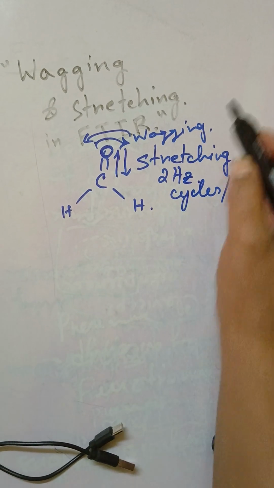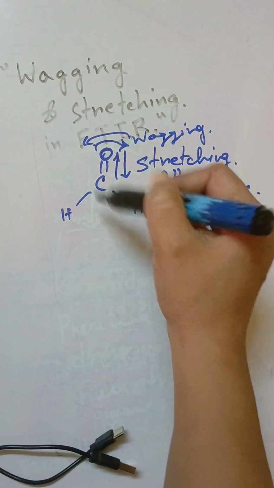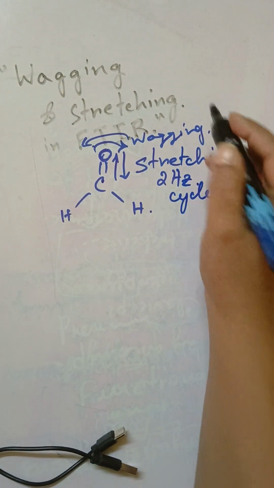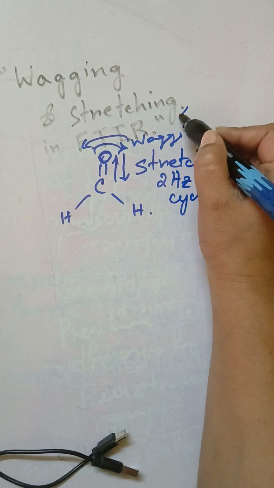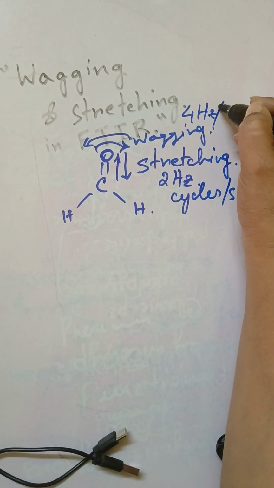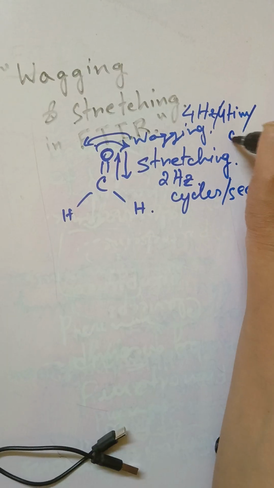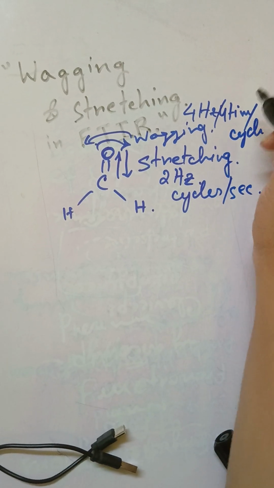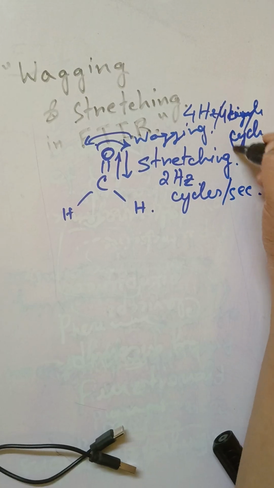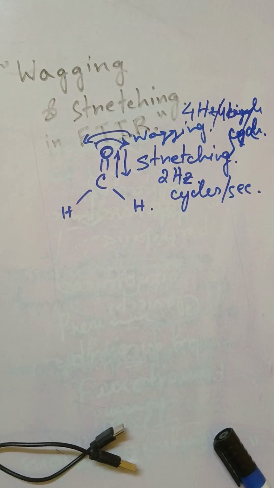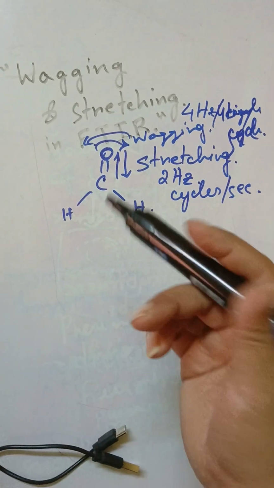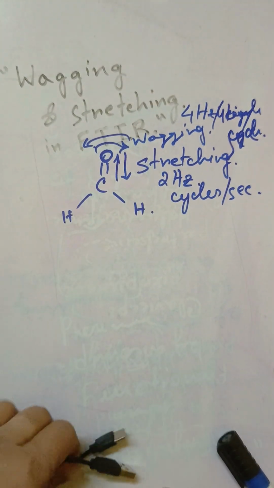Now wagging, in case of this carbonyl group, is always a very constant value. The frequency of wagging is 4 hertz. So it means 4 cycles per second. Now what does it mean? It means stretching, if it stretches like this.